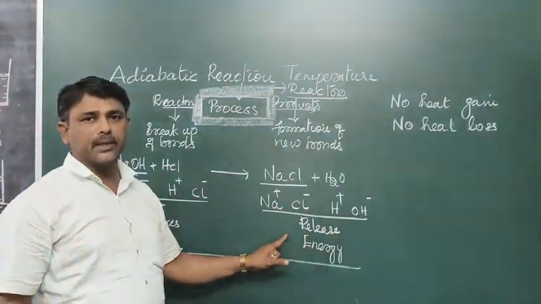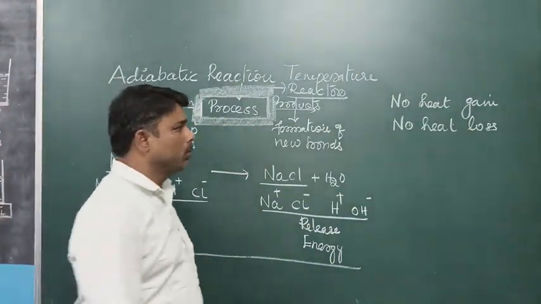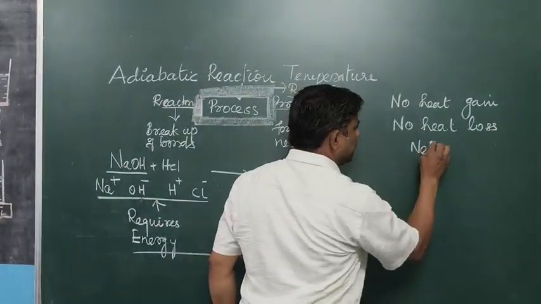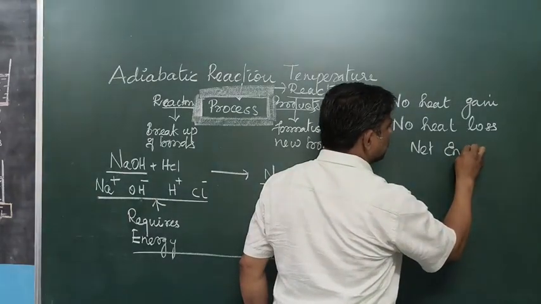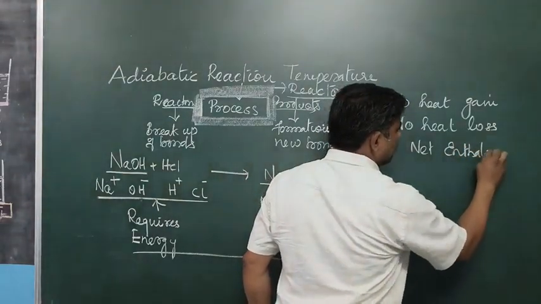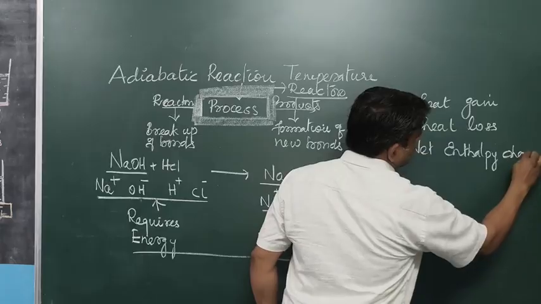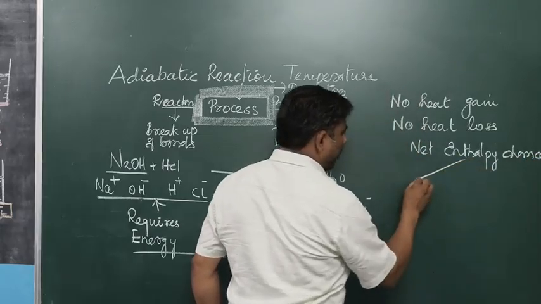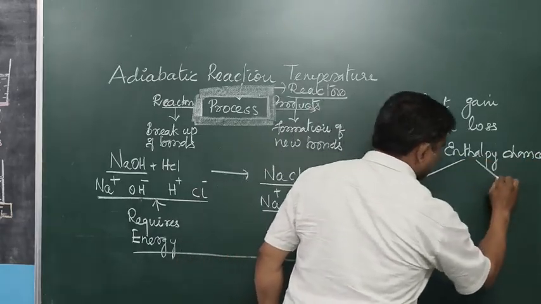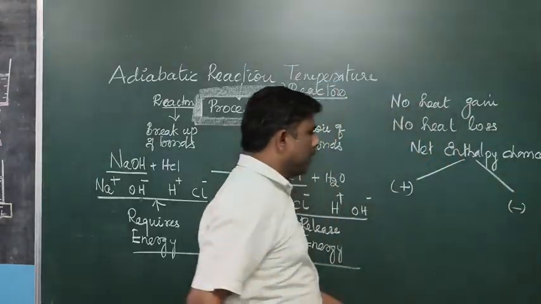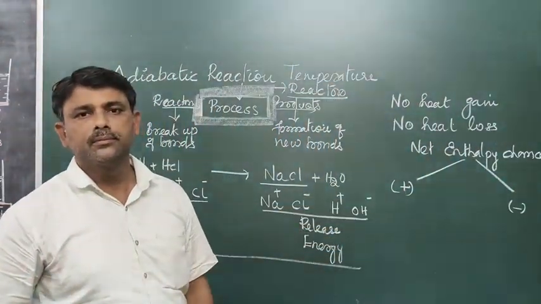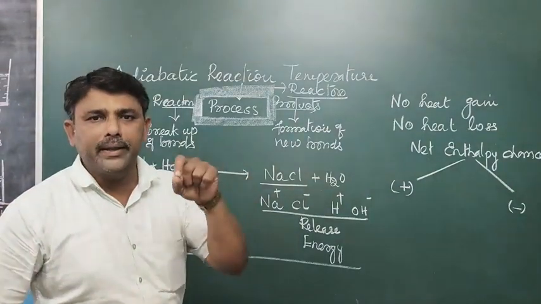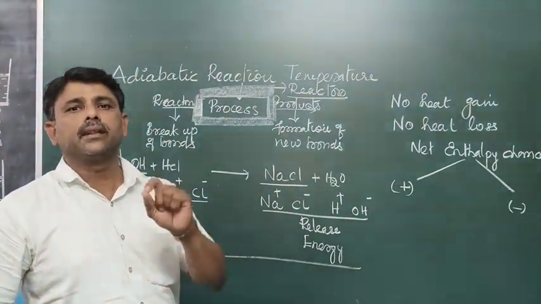So the net enthalpy change may be of two types. It may be a positive value or it may be a negative value. Positive value means there will be a decrease in enthalpy.